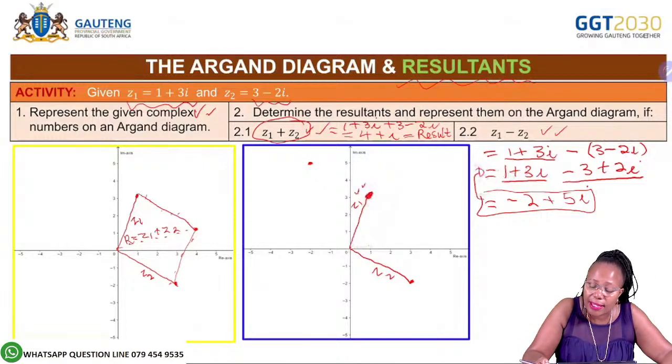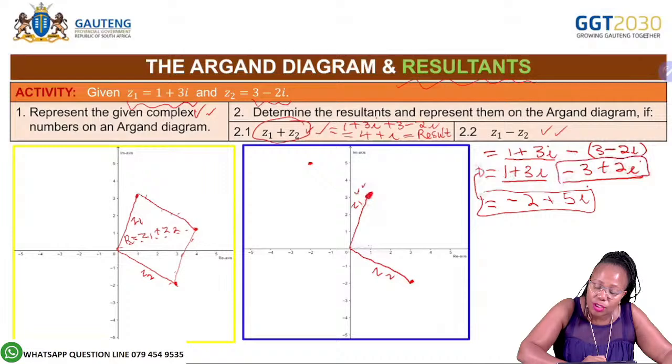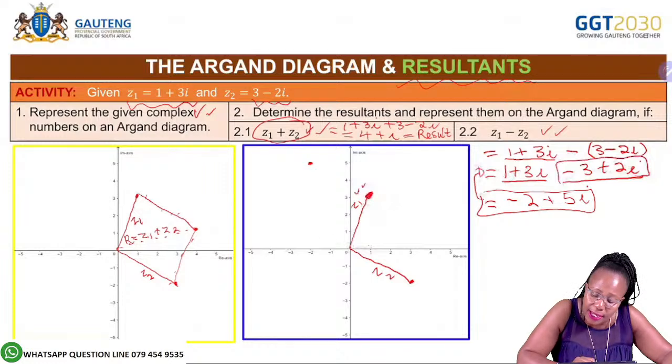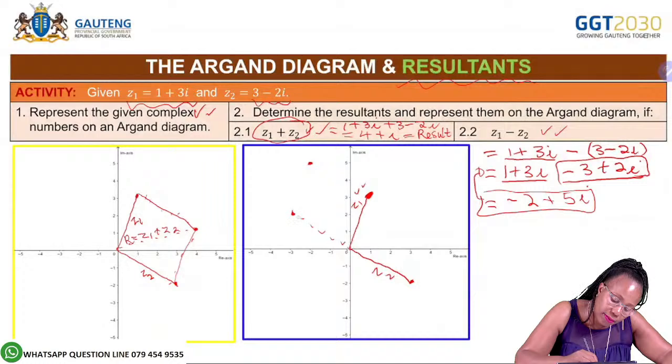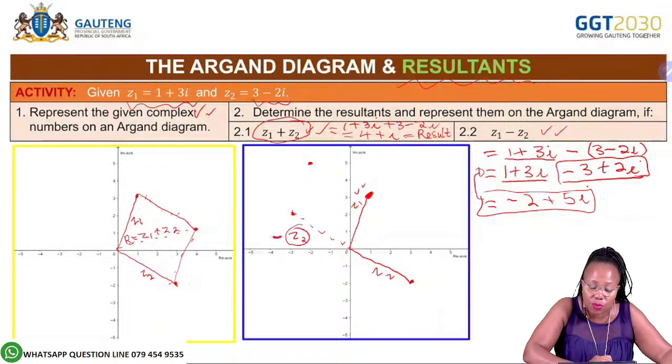But look at the Z2 now. After subtracting, this is changing to minus 3 plus 2i. Let's plot in the new Z2 now. After subtracting, it will be minus 3 and 2i. That is our new Z2. After the subtraction, the minus Z2 is that one.